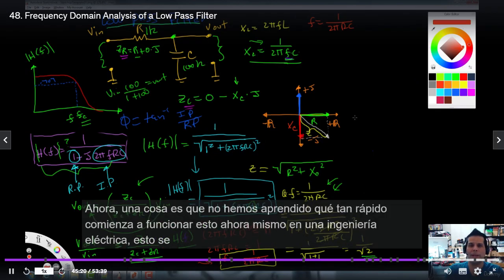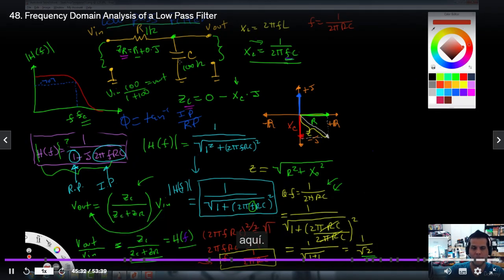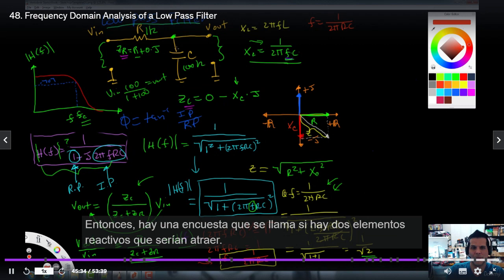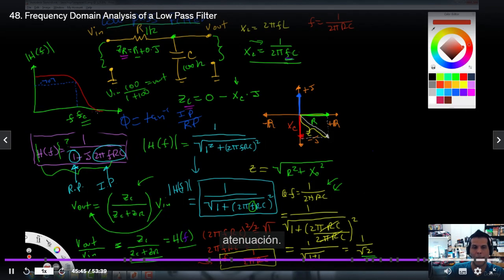Now, one thing is we haven't learned how fast this thing starts cutting in. In electrical engineering, this would be called a one-pole circuit. There's one reactive element here, so there's one pole. If there are two reactive elements, it would be two-pole. The more reactive elements, the steeper the transition and the attenuation.